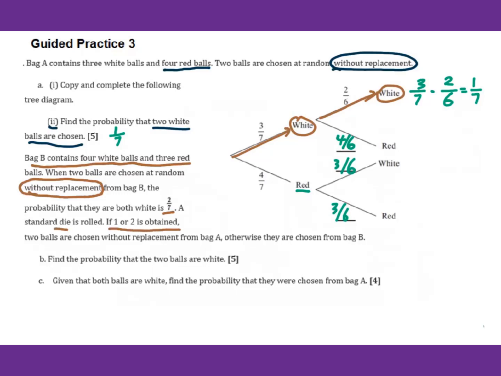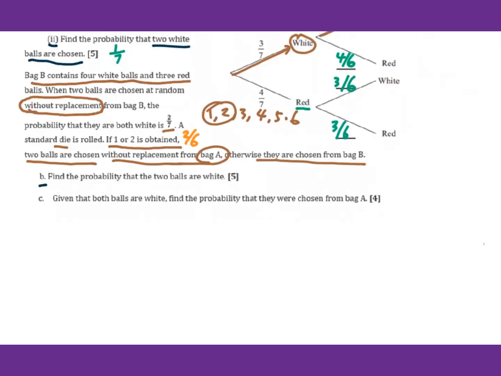If 1 or 2 is obtained, 2 balls are chosen without replacement from bag A. Otherwise, they are chosen from bag B. Standard die, we know that it's 1, 2, 3, 4, 5, 6. 1 or 2, basically, the probability will be 2 over 6. B. Find the probability that the 2 balls are white.